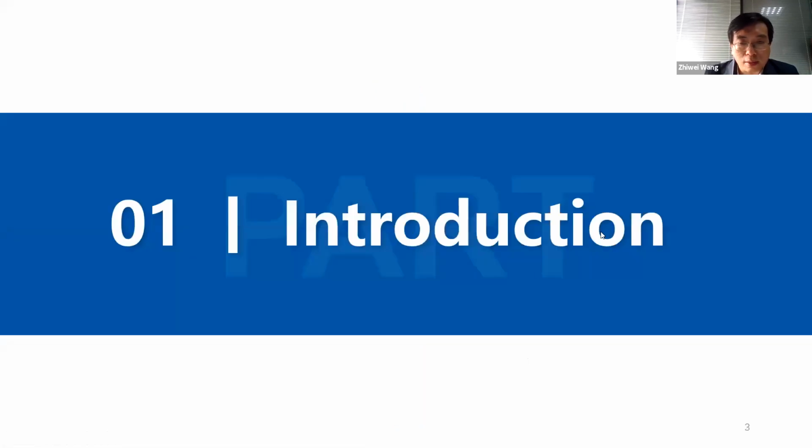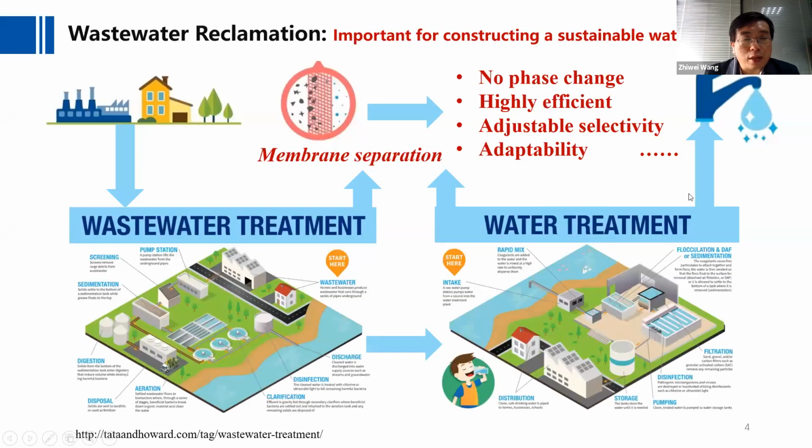First of all, the background information. I think everyone knows that wastewater reclamation is of great importance for constructing a sustainable urban water system. A lot of technologies can achieve wastewater treatment and reclamation.